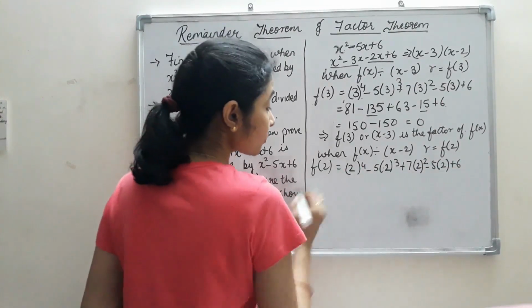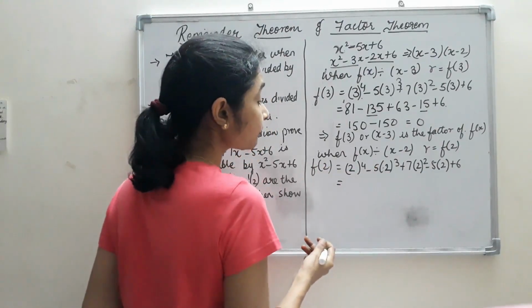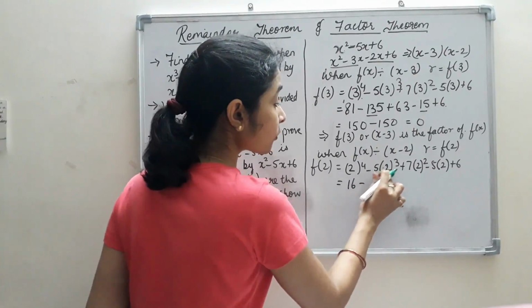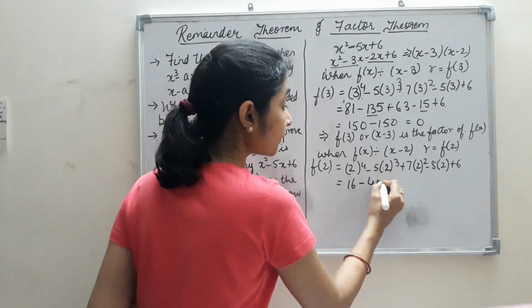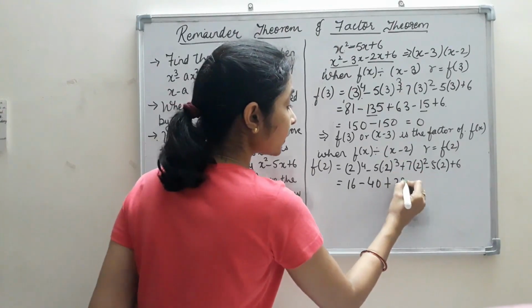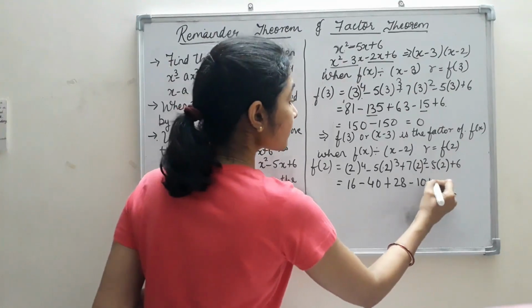Okay, 2 raised to the power 4: 2 2s are 4, 4 2s are 8, and 8 2s are 16. 16 minus 2 2s are 4, 4 2s are 8, and 8 5s are 40, plus 2 2s are 4, and 4 7s are 28, minus 5 2s are 10, plus 6.